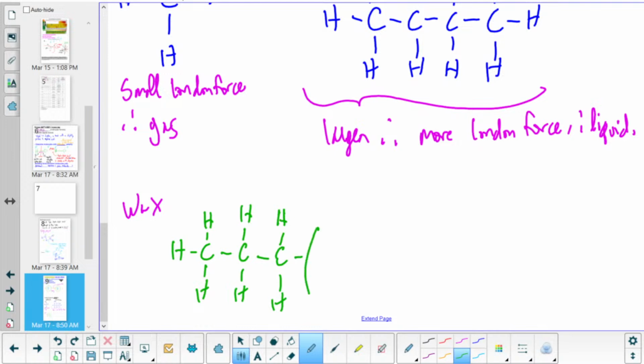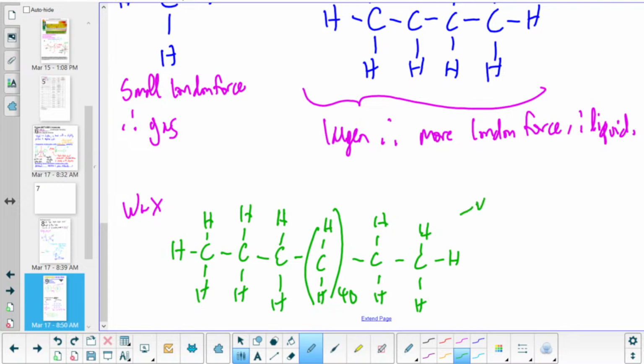So I'll just go like this, C, H, H, and let's just put a 40 there. C, H, H, C, H, H, H. This is very large. So it's a solid at room temperature and pressure. This would essentially be a wax.